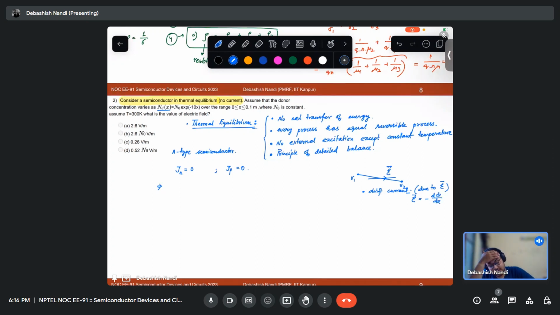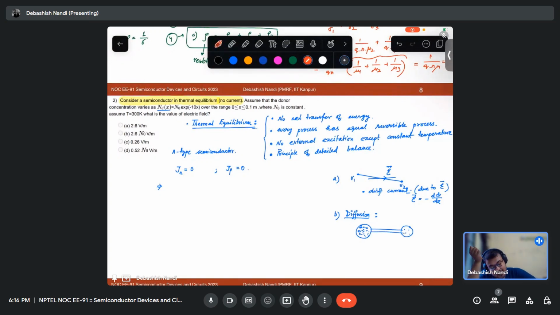Fine. What is the other form of current in our course? Diffusion. What is diffusion? Suppose you have too many carriers here, and here there is a very small number of carriers present, and you connect these with a pipe. What will happen?